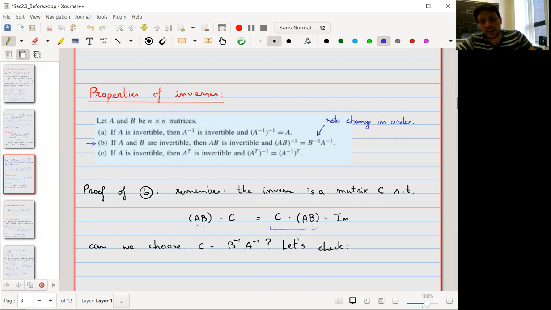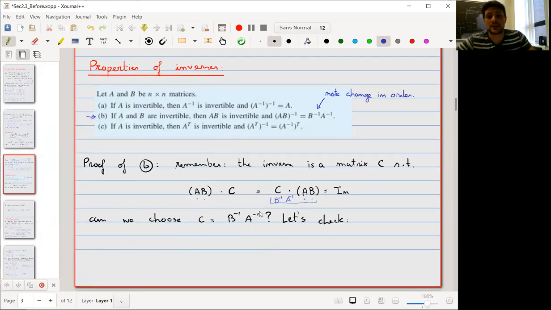I do B and then I do A. So when I want to undo that, I will have to undo A and then undo B. So let's try our luck with saying that C is B inverse A inverse, and we'll check it. It makes sense that it is because of this undoing business.